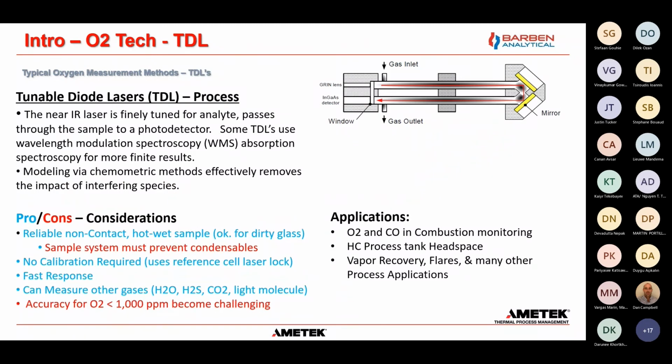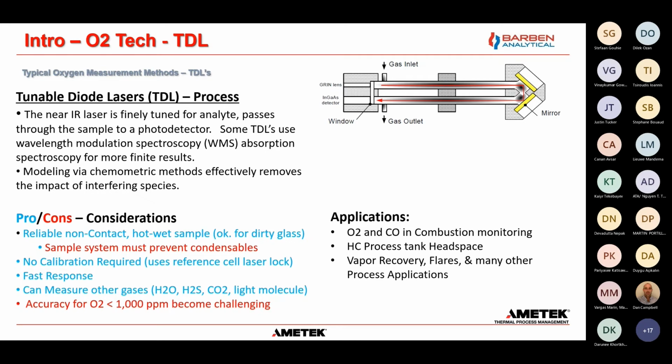Really quick here, overview of tunable diode lasers. These can be pretty complex devices, but really we looked at one here: a near infrared laser, finely tuned for the analyte, and these can very uniquely detect the specific analyte of interest down to a very trace level. It passes through the sample to a photo detector.